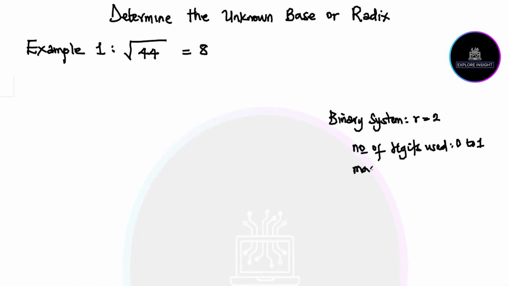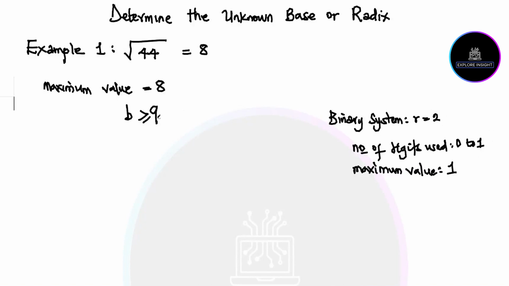At that point, the maximum value is considered as 1. Now, looking at this relation, we can say that the maximum value here is 8, because in this relation, we have 8 as the largest digit. With this, we can say that the radix is greater than or equal to 9.